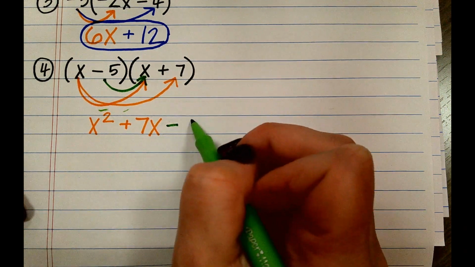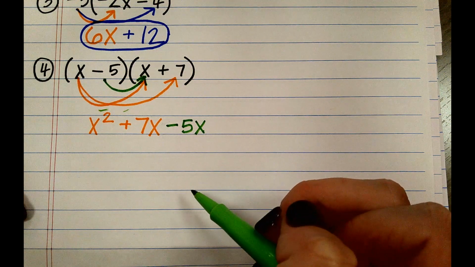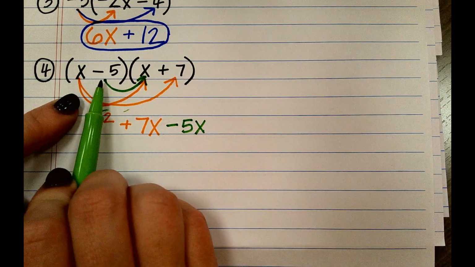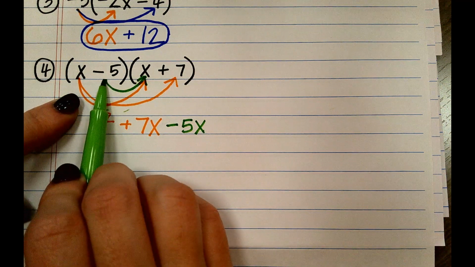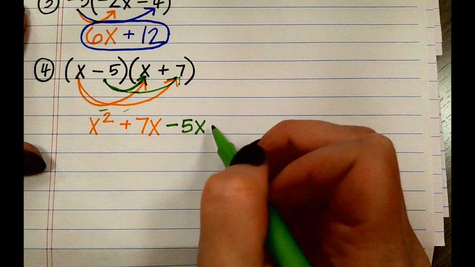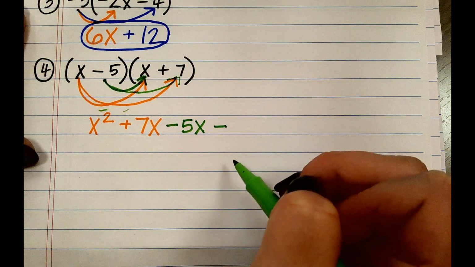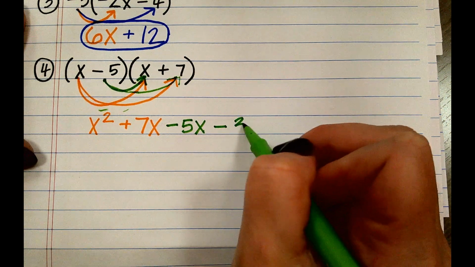Good. And what's last? Negative 5 times 7. And what will that be? Negative 35.